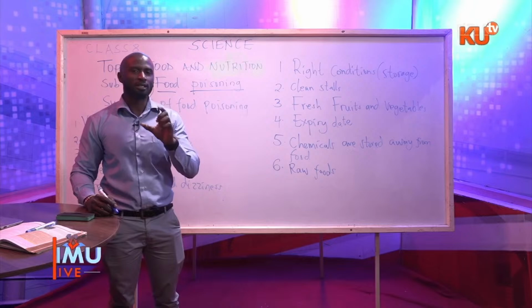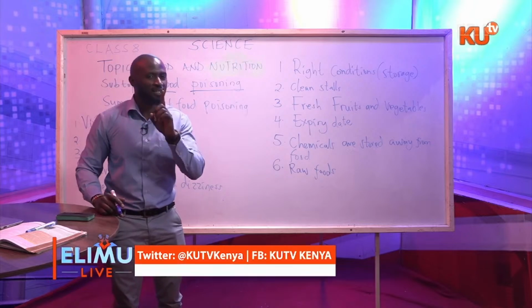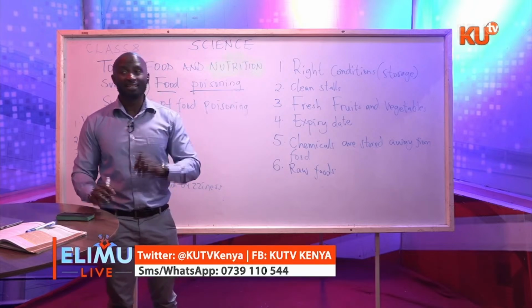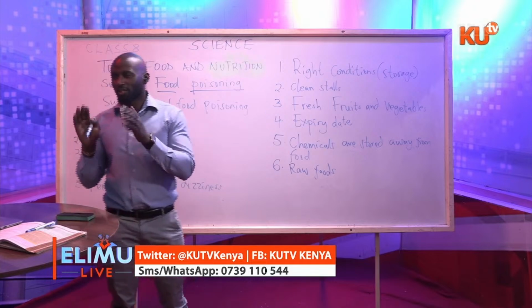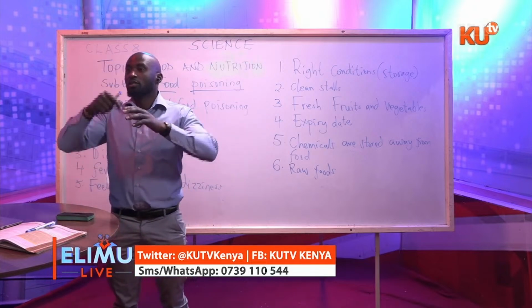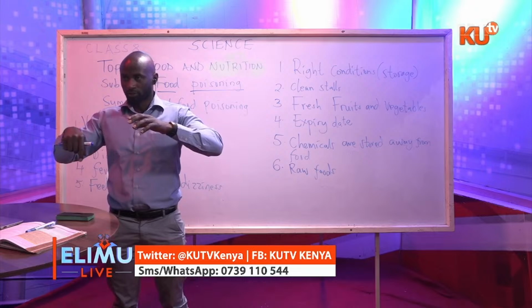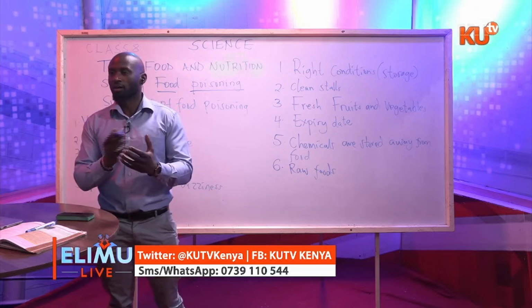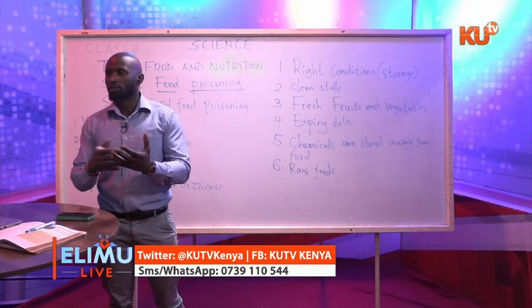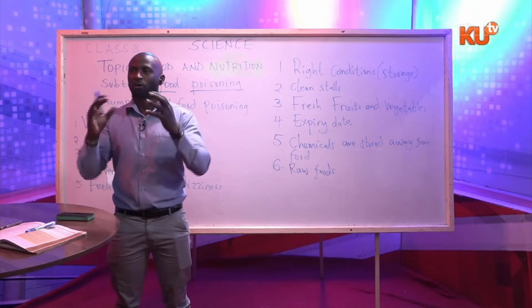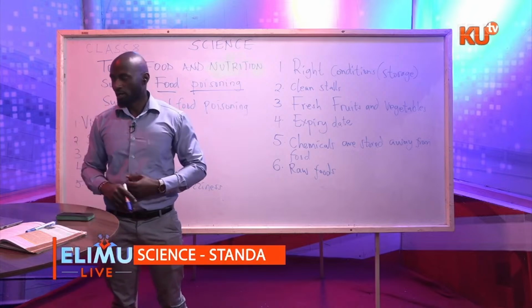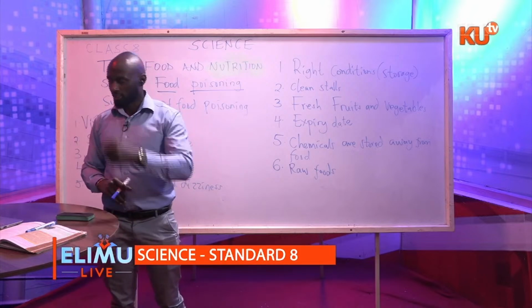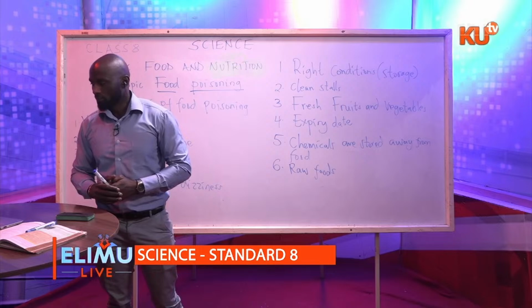Make sure, boys and girls, they are thoroughly washed. The key word here is thoroughly. Thoroughly means you wash with running water before you consume. That will have helped to avoid microorganisms that are on it to affect your alimentary canal or your digestive system.